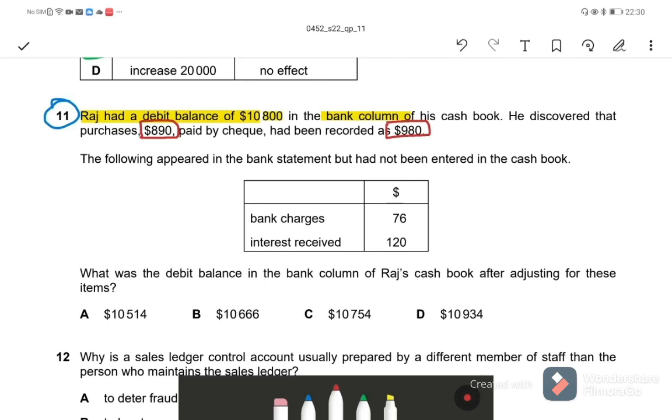This is an error. The following appeared in the bank statement. They are given in the bank statement but had not been entered in the cash book. Bank charges, interest received, they are not entered in the cash book, and one error also there.